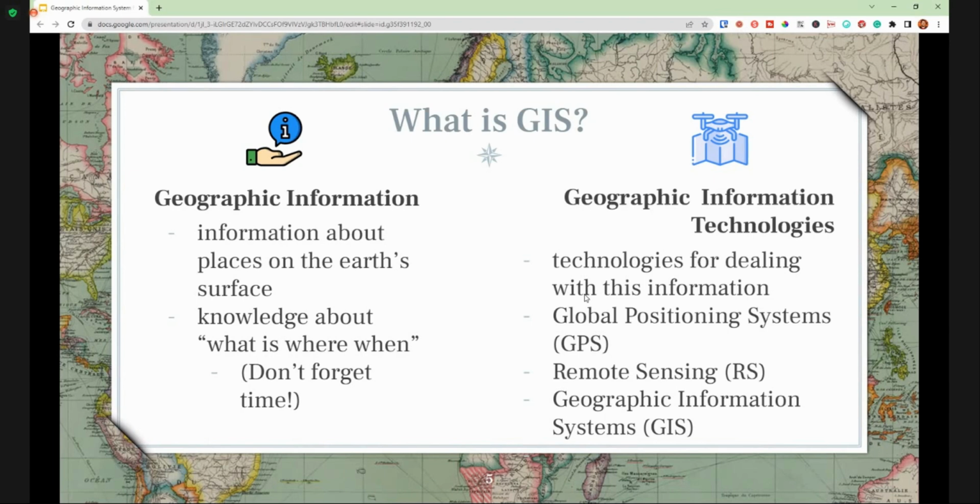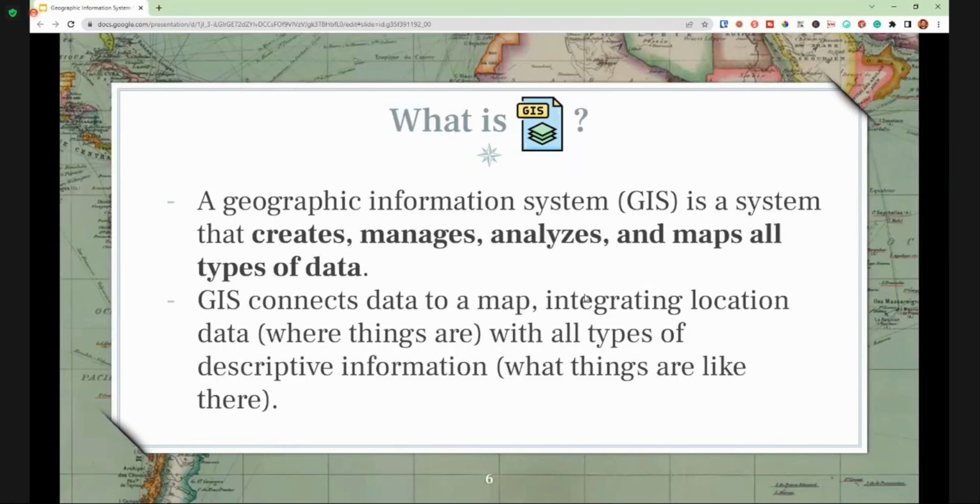And on the other hand, we have these geographic information technologies, which is basically the technologies for dealing with this information. These are some of the technologies that are available for us: the global positioning systems, remote sensing, and geographic information systems. Now for this, ano ba yung GIS? So TLDR is that it's a system, that's the keyword for it, that creates, manages, analyzes, and maps all types of data. Being a system, it means that it has components, which we will be discussing in a while.